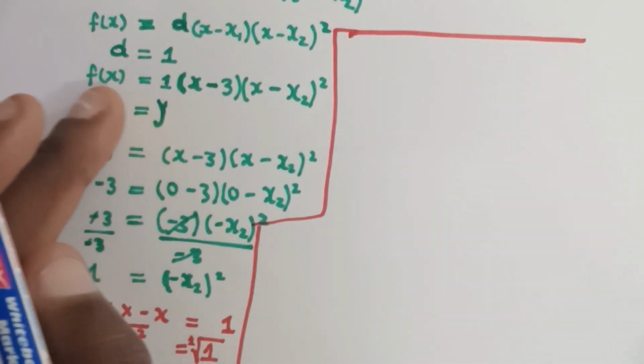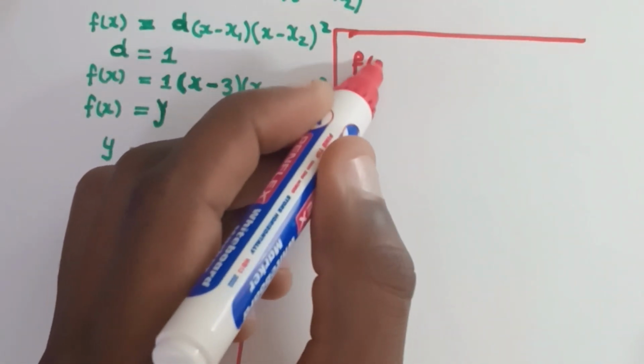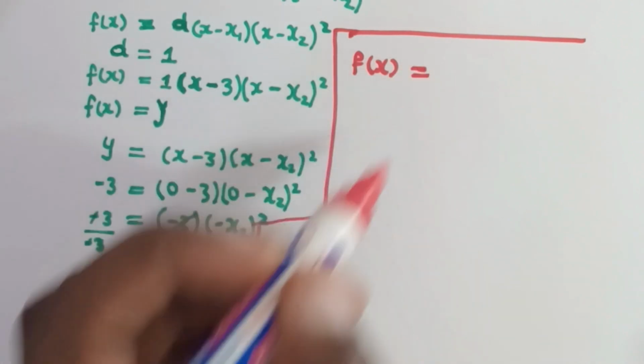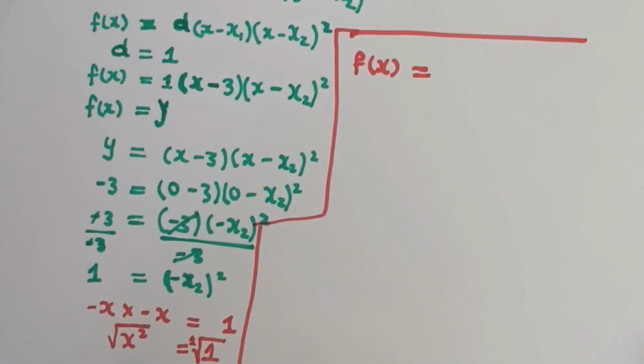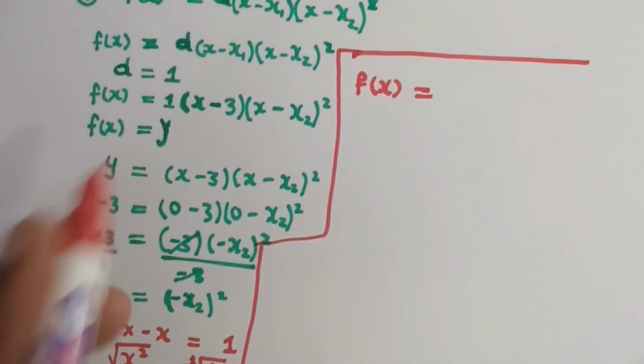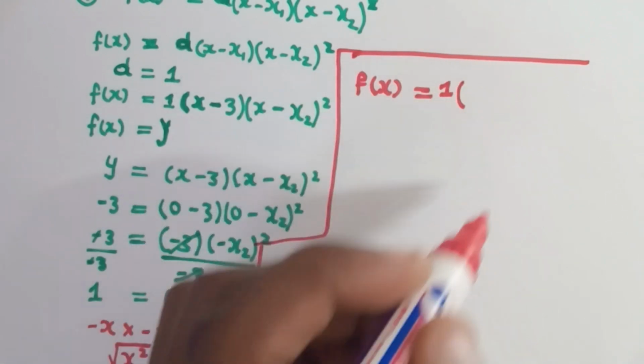Okay, let's take it from here now. f of x is equal to, here is that d of ours.